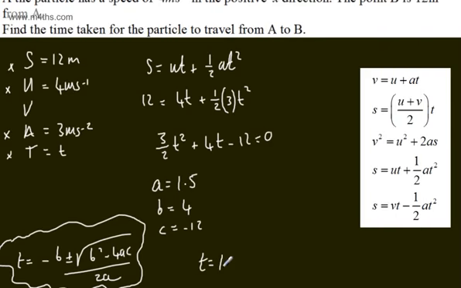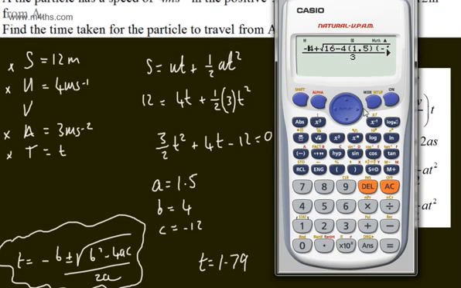So t is equal to 1.79. Now I need the other value, so subbing this in, let's go back. In fact, let's just put that back in, as I seem to have lost it. There we go, now that's what I want. Now this time what we've got is -4.46.